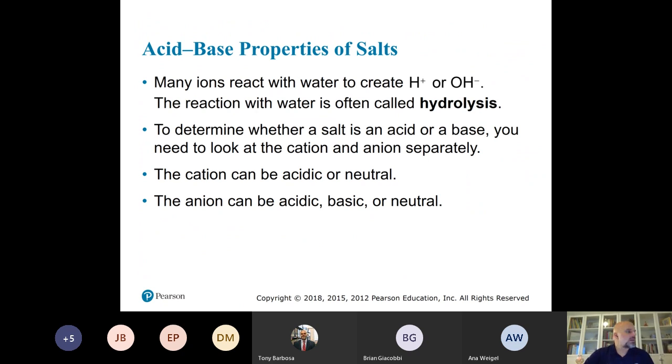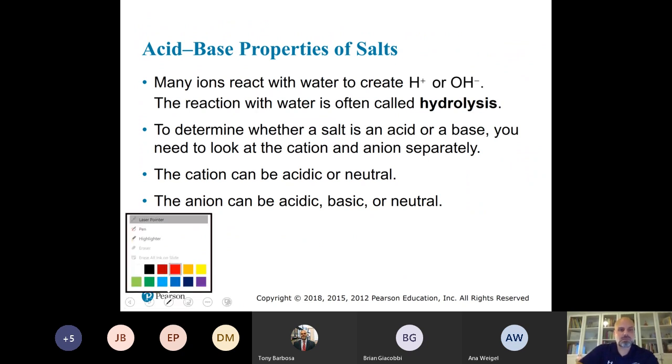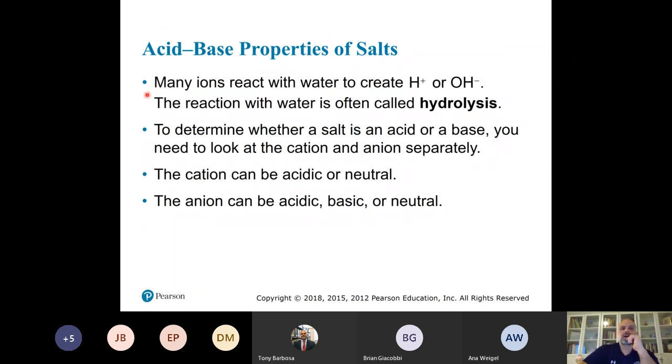Now we're going to go on and discuss a little bit more about some of the acid-base properties of salts. So many ions react with water to create protons or hydroxide, and the reaction with water is often called hydrolysis.